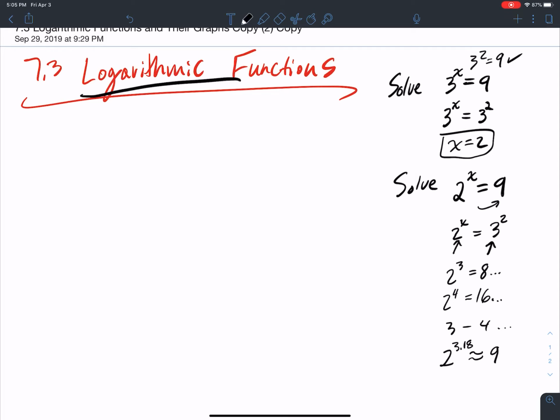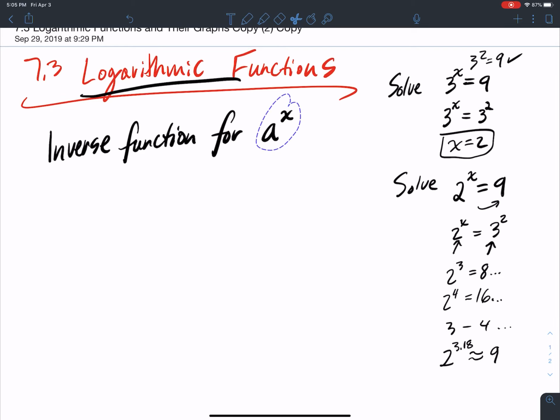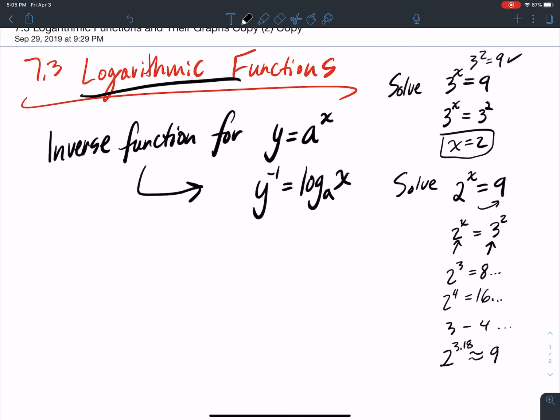So first we need to talk about inverse functions. The inverse function for a to the x: say you have a function a to the x. If you have some y equal a to the x, then the inverse function is going to be the log base a of x. That's the inverse function.